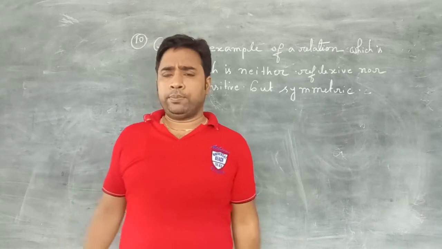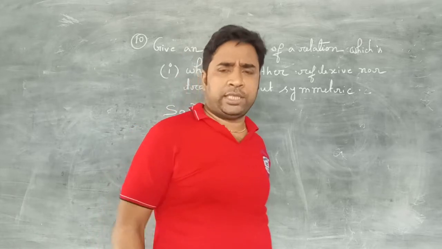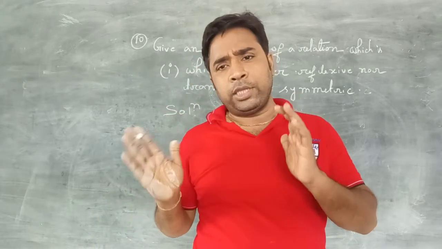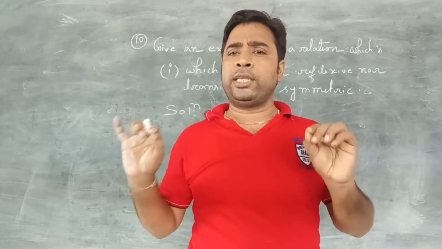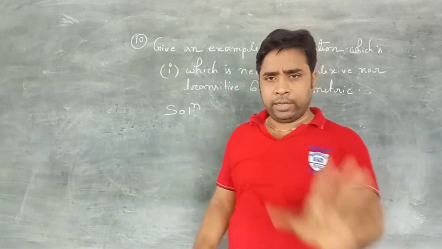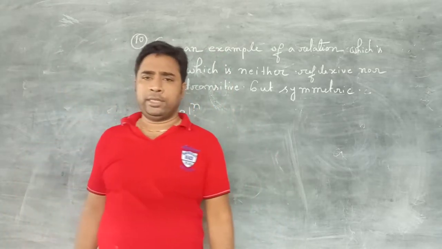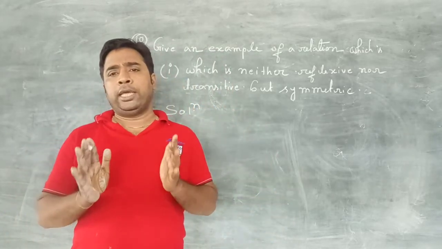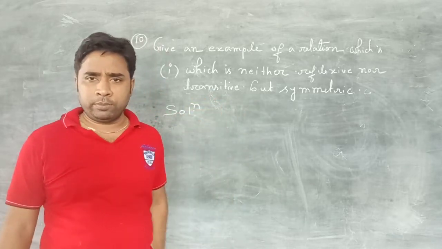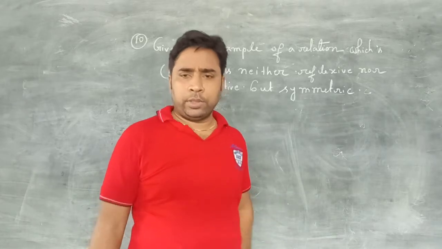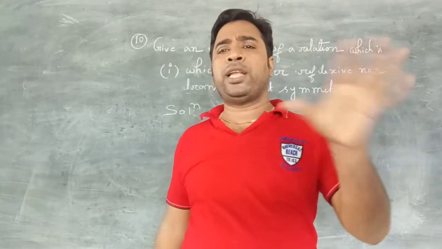If you follow all the definitions of reflexivity, symmetry and transitivity, first of all there is a set. So whenever you create an example, you consider a set by yourself. Whether you are giving the example of a reflexive relation, a symmetric relation, or a transitive relation, you have to consider a set.